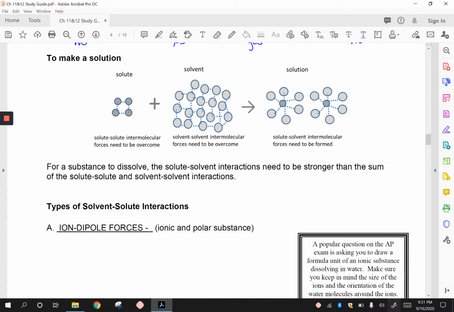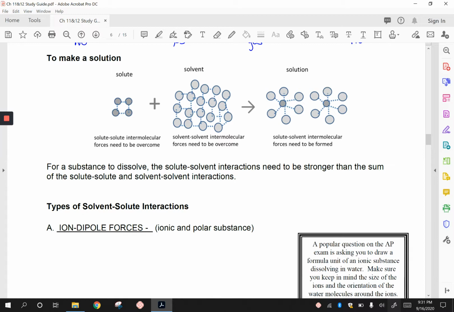Because otherwise, if these attractions are stronger, then it's going to remain as a solute and a solvent separately. They're not going to want to mix because they're attracted to each other. The solvent particles are attracted to each other. The solute particles are attracted to each other more than they are to the solvent and the solute.